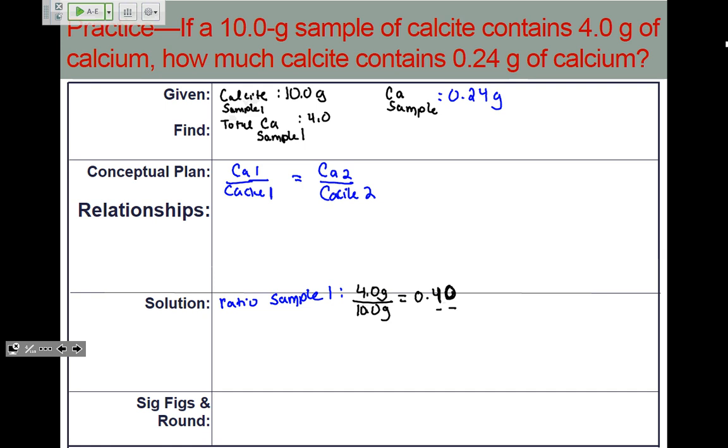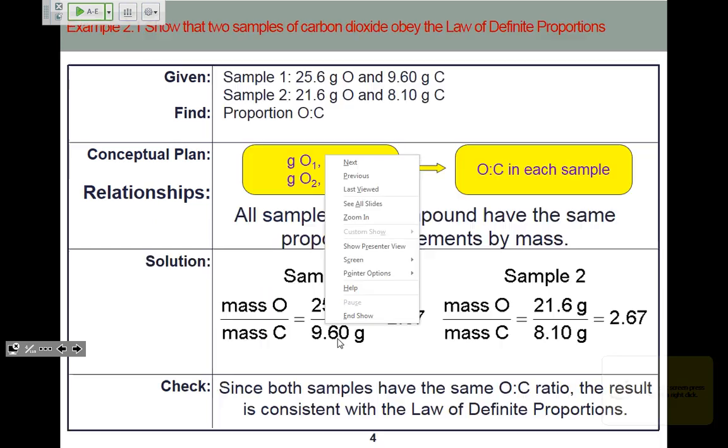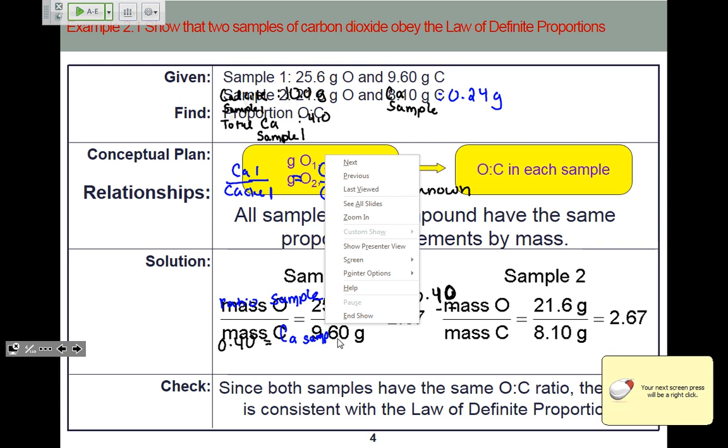So to figure out what I'm looking for, I'm going to call it x. I can say, what did I press? Sorry about that.